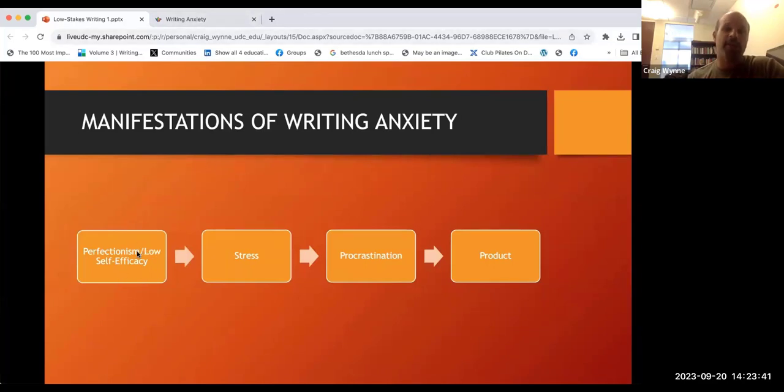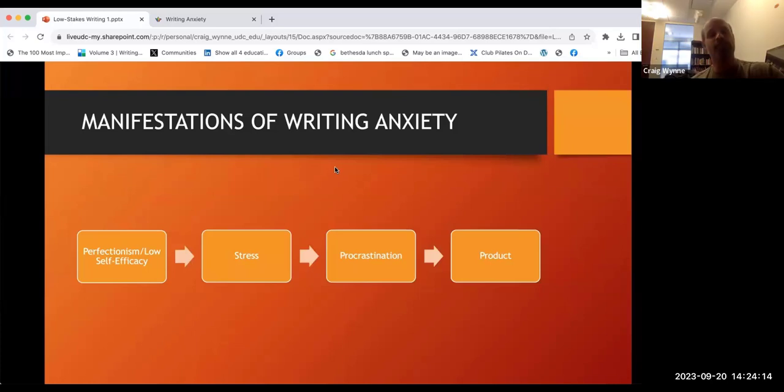And such a lack of confidence can lead to stress, and again, the stress can lead to procrastination. If I'm anxious about something, my first instinct is going to be to put it off. And given what we saw in that Padlet, with people putting things off to the last minute, that leads to students rushing through assignments, making all kinds of grammatical mistakes, and not organizing in a way that's effective.